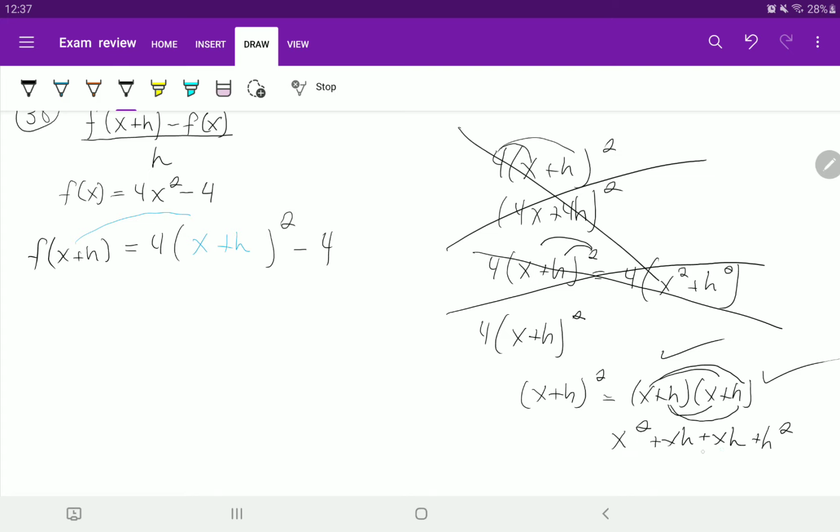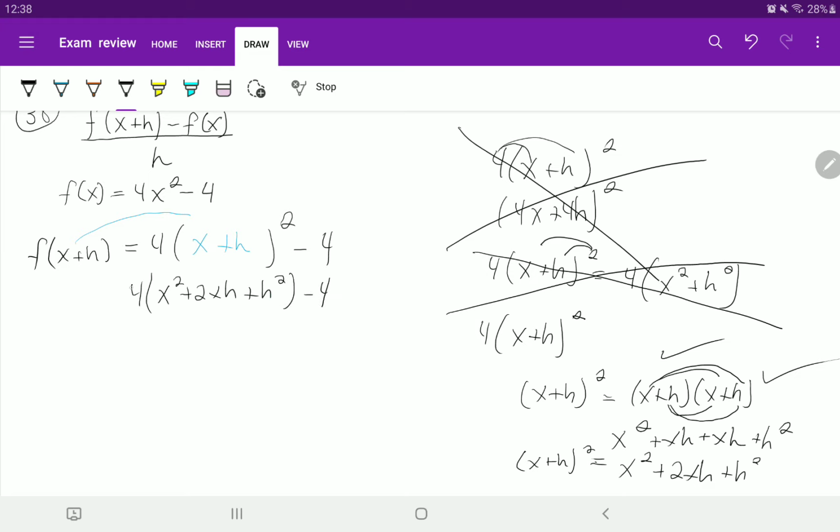After that, you combine like terms. xh plus xh is 2xh, plus h squared. Please remember that for the sake of your final exam and for getting this question correct. So now we have 4 times x squared plus 2xh plus h squared, minus 4.